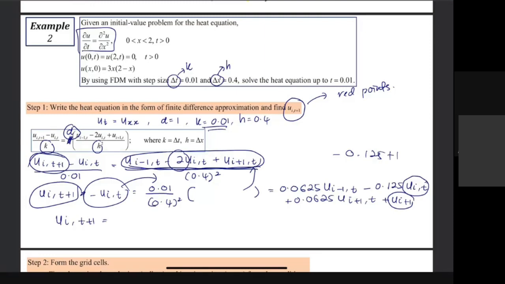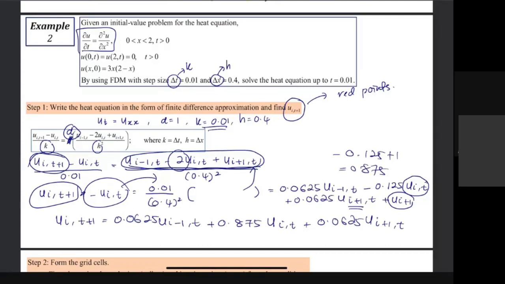You will get 0.0625 u i minus 1 t, okay, plus 0.875 u i t plus 0.0625 u i plus 1 t. So this is the equation or the formula for u i t plus 1.